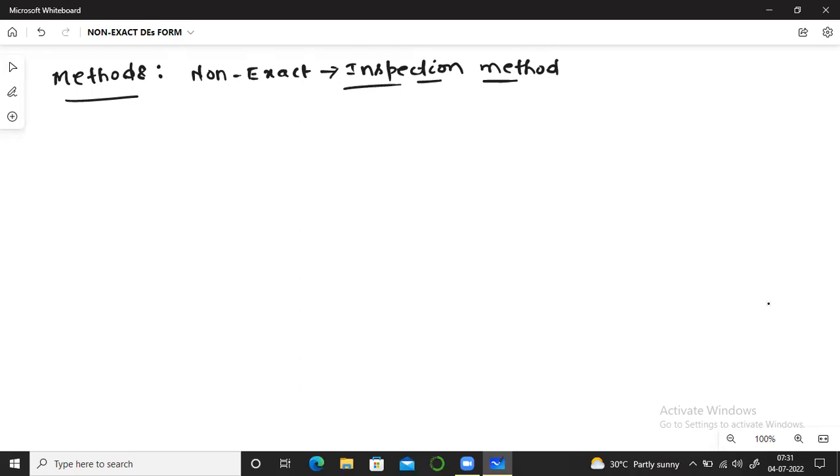Generally, in this inspection method we group terms. Once the problem is given, we group some terms into one group and other terms into another group. Once the two groups come, we separate them, like in the variable separable method, and we get the solution simply.